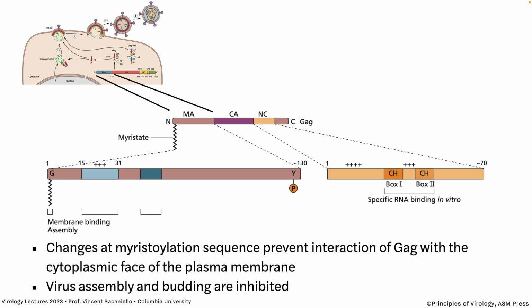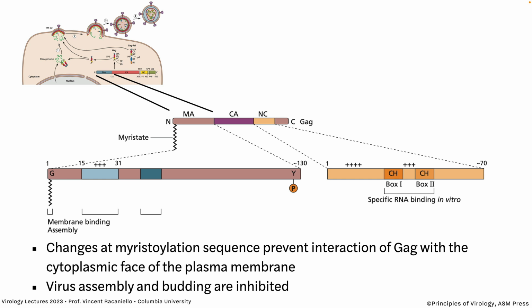It's a fatty acid that's covalently linked to the matrix protein, and it targets matrix to the plasma membrane. That's how matrix knows to go to the plasma membrane. Now remember, matrix is part of the GAG protein, so it's dragging along with it capsid and nucleocapsid, of course, is dragging along with it RNA. So all of that goes up to the plasma membrane and drives the budding of the new particles.